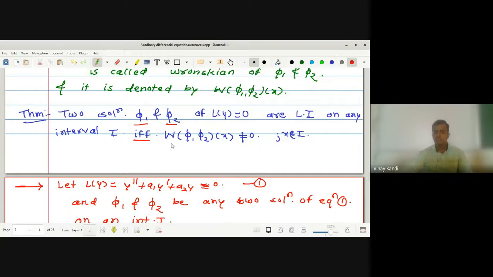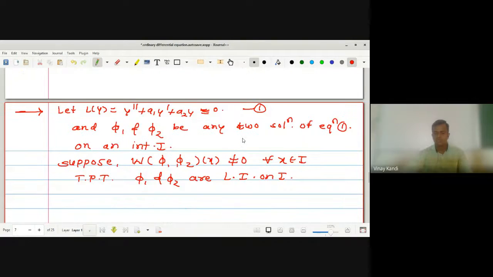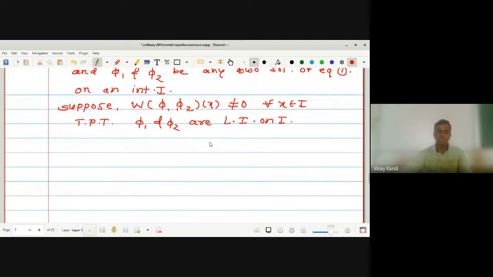Now see the first part. We have to prove that phi 1 and phi 2 are linearly independent on I. Now consider C1 and C2 are any two constants.